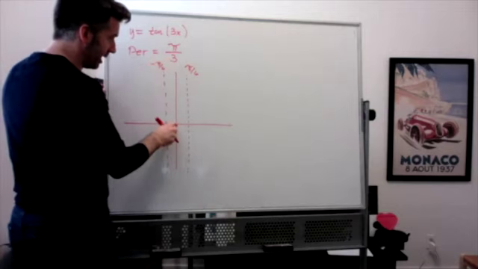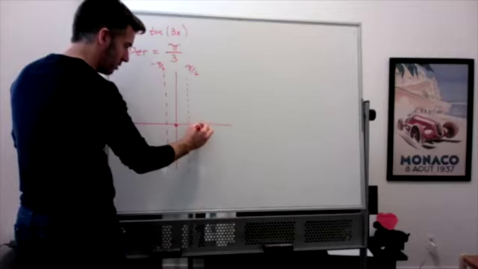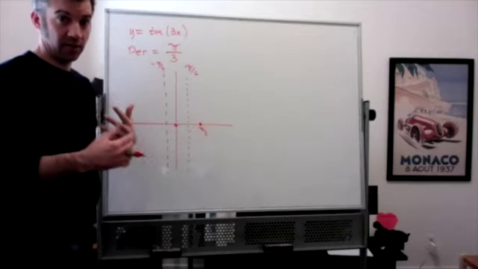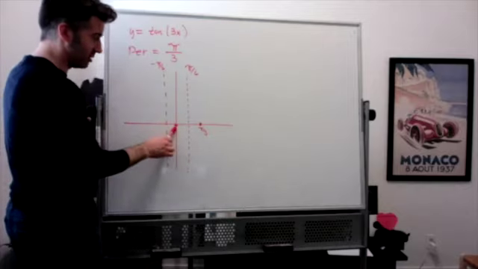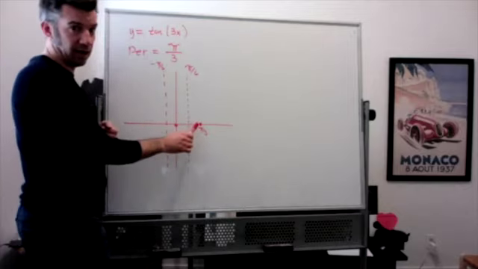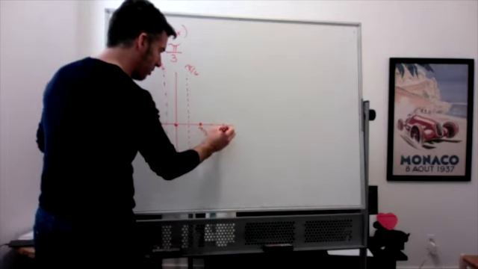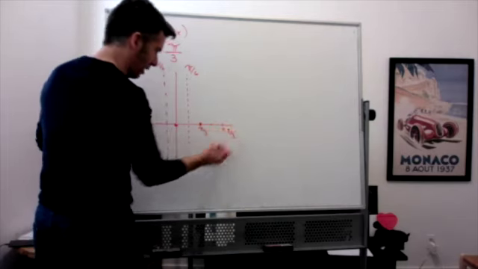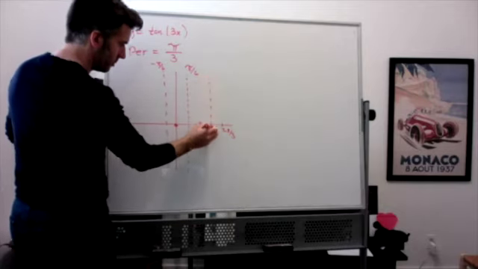And then my next x-intercept would be at pi over 3, because the graph should repeat itself every full period. So if you have an x-intercept at 0, you should also have an x-intercept pi over 3 away. You should also have an x-intercept another pi over 3 away at 2 pi over 3. And then you should have another vertical asymptote in between them.